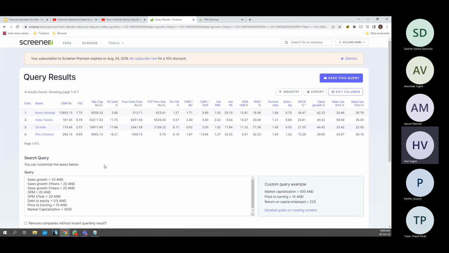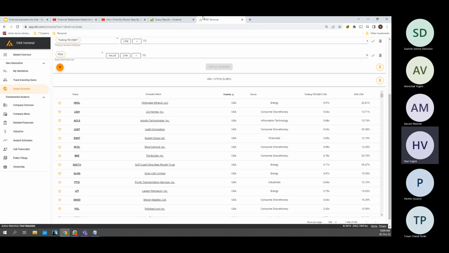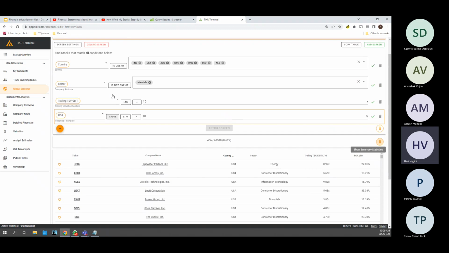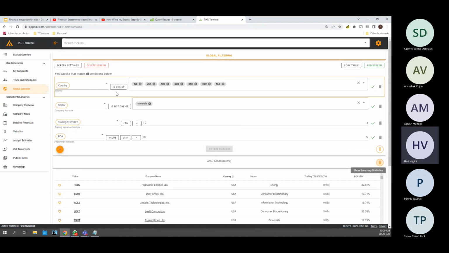So that's the goal of screeners. You could do the same for global companies using Ticker as we were doing last year. We'll soon start this Ticker video where you can see how you can nail it down. But this is the idea we are trying to do.